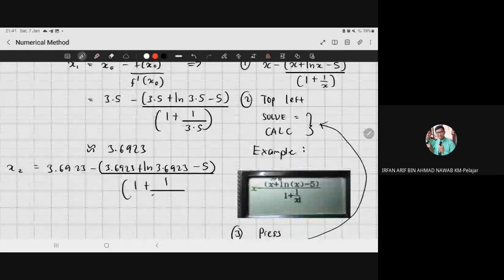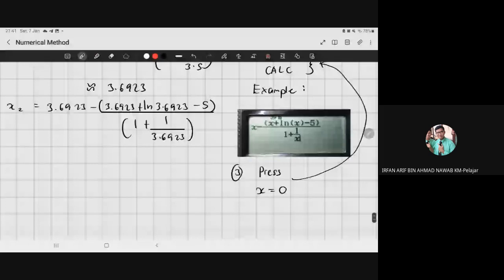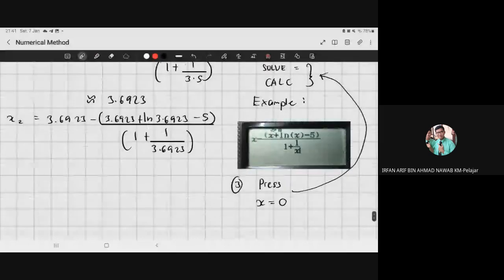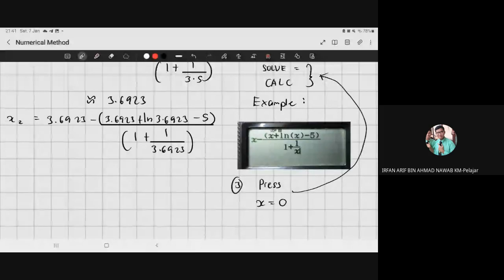3.6923. My screen is still loading because it's freezing currently. Okay, 1 divided by 3.6923. Now it's tedious, right? As usual, you can press solve calc, then put 3.6923.